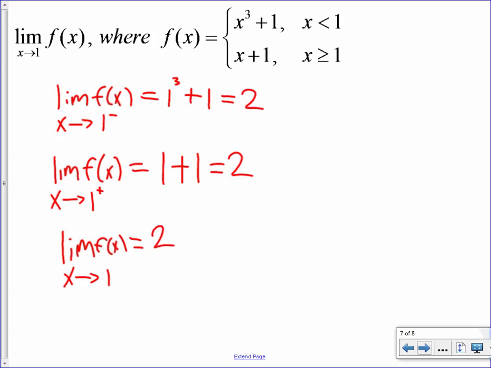We could get a question like negative 1 is less than x, which is less than 1, like a three piece piecewise function. That's possible. But you just look at the break in the domain and look at which piece you need.